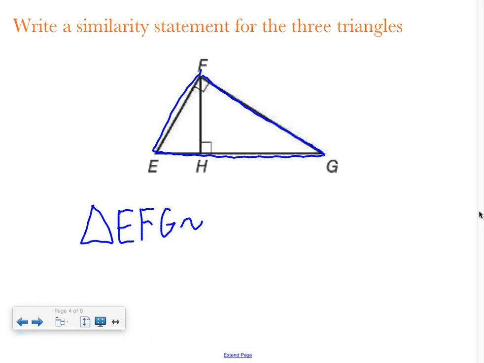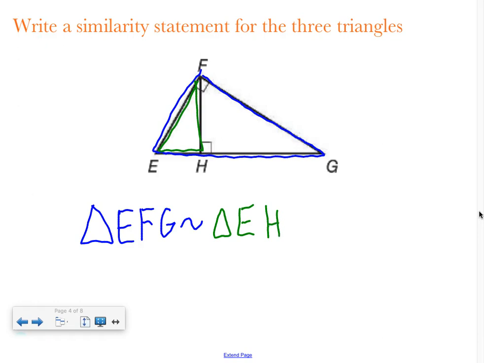Is similar to, let's do the left one. So now we got a match. What matches with E on that green triangle? E. And then what matches with F? So on the big one, it was our right angle, right? So what's my right angle on this one?